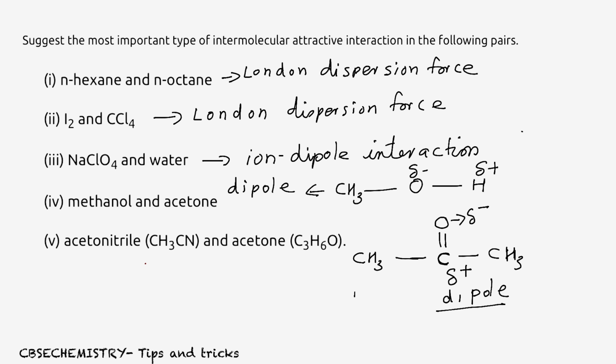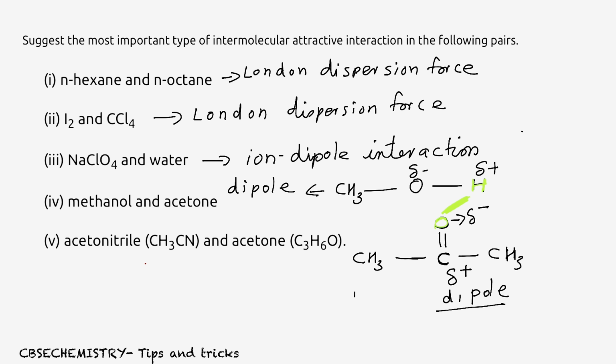Along with that, definitely there will be a hydrogen bond established between this particular hydrogen of methanol and this particular oxygen of acetone. So you can say hydrogen bond is there, dipole-dipole interaction is there.